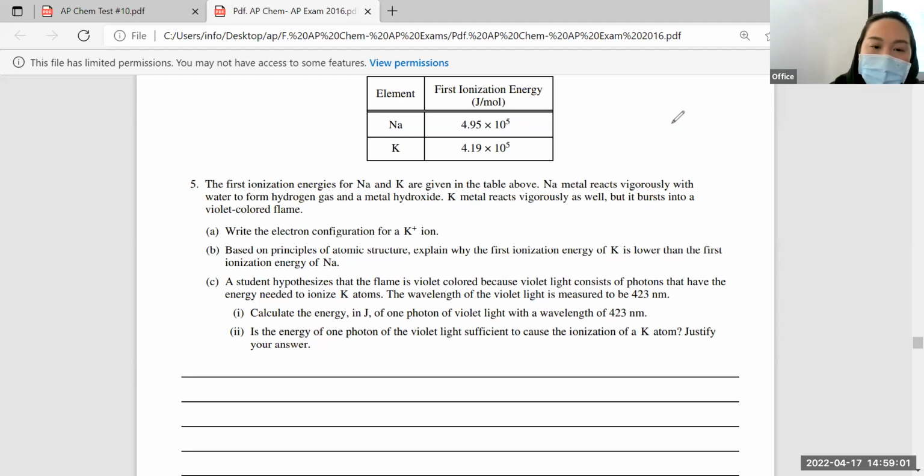Okay, the first ionization energies for sodium and potassium are given in the table above. Sodium metal reacts vigorously with water to form hydrogen gas and a metal hydroxide. Potassium metal reacts vigorously as well, but it bursts into a violet colored flame. Write the electron configuration for a K plus ion.